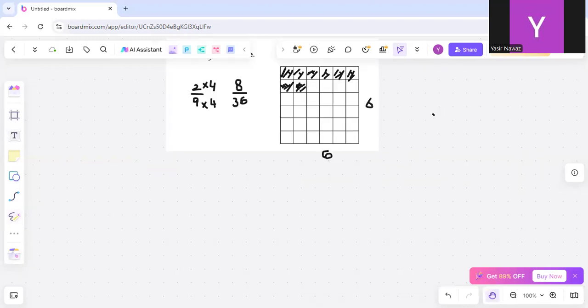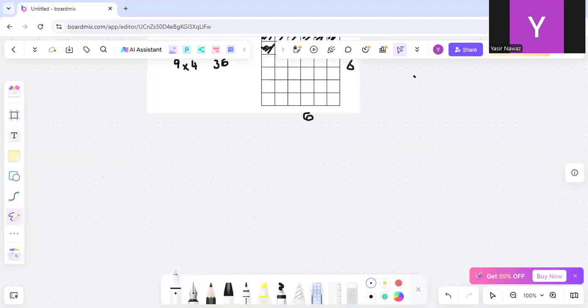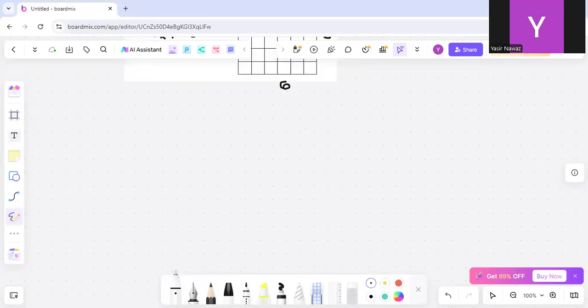Both have the same meaning. So now the next question is.